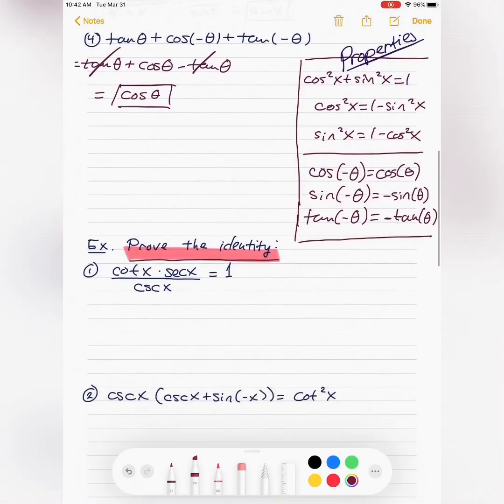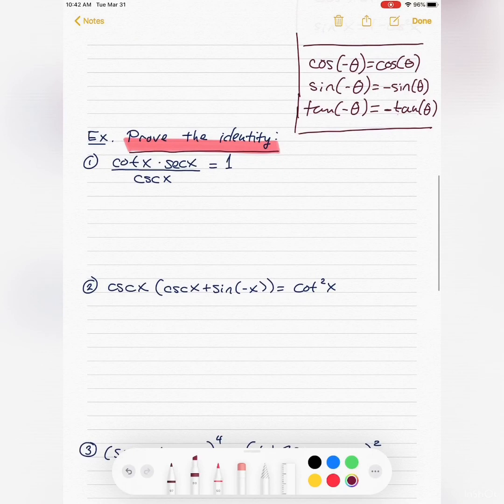So if you look back down here, first I pick a side that looks like a side I can manipulate. So in this case, the left-hand side looks like the side that I can manipulate. Okay, so I'm going to take that left-hand side and I'm going to say, what can I do with that left-hand side?